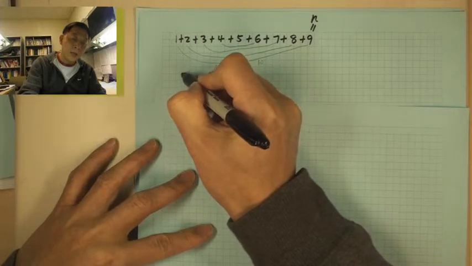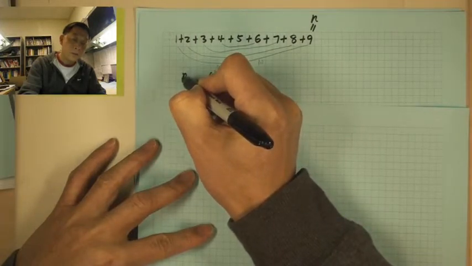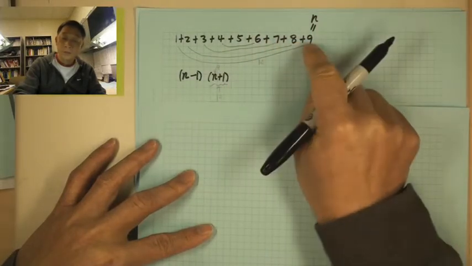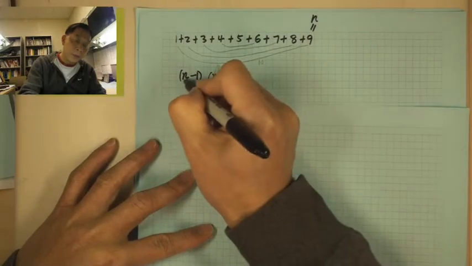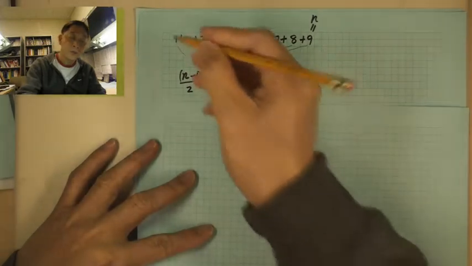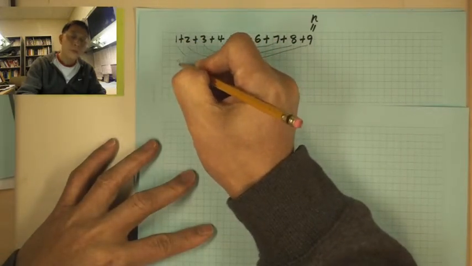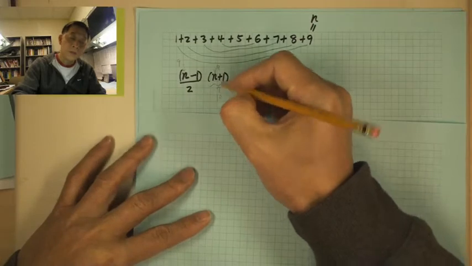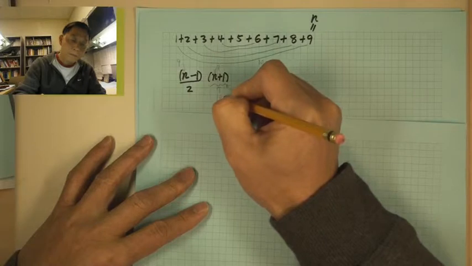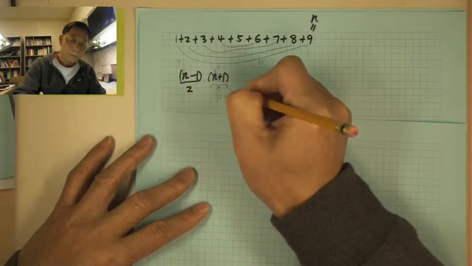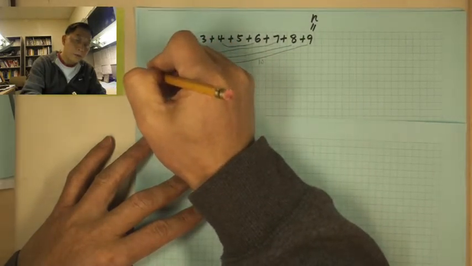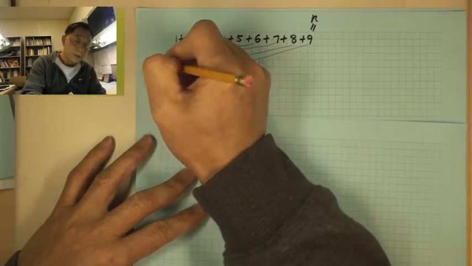N is 9, 9 minus 1 is 8, and then divided by 2, so you have 4 pairs. So this part is the sum, and this is the number of pairs.